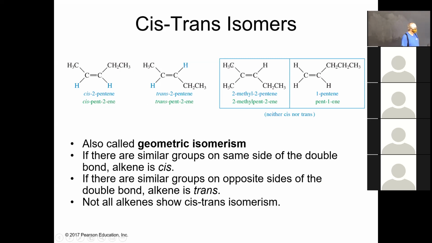If we have 2 groups on an alkene carbon that are the same, then cis-trans isomerism is not possible. So these ones are neither cis nor trans. If I were to switch these hydrogens, that would not change the compound. So not all alkenes show cis-trans isomerism.